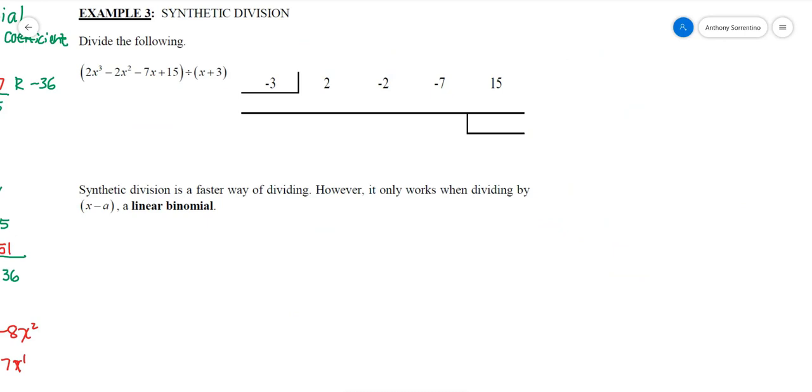Now notice in example 3, I have this exact same thing as I did in example 2, part B. But here's what's different about it. I'm going to take what's inside the first quantity, the first expression, the one with the higher degree, and all I'm going to do is write the coefficients.